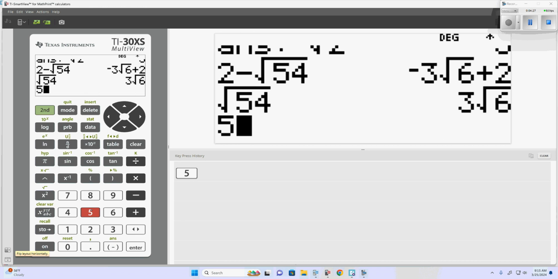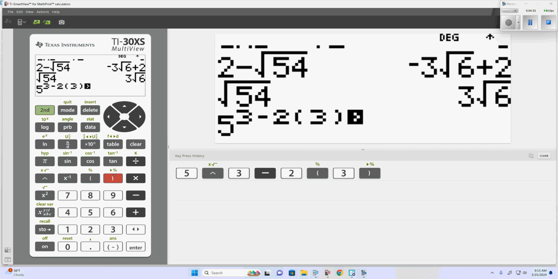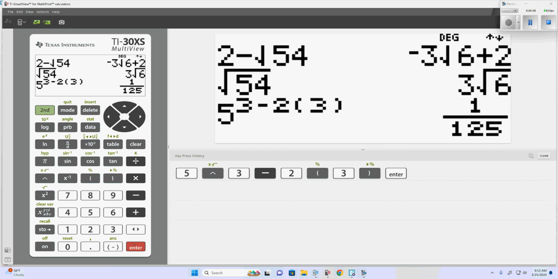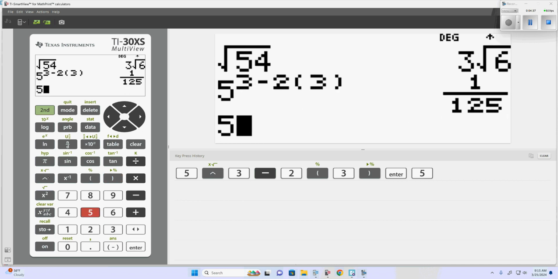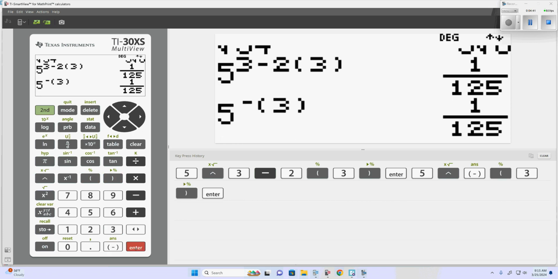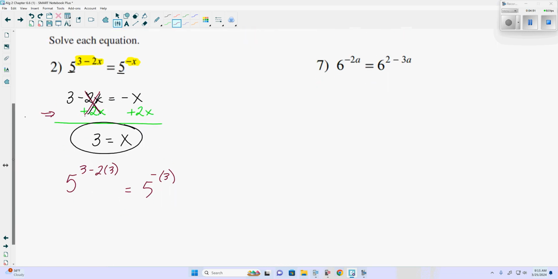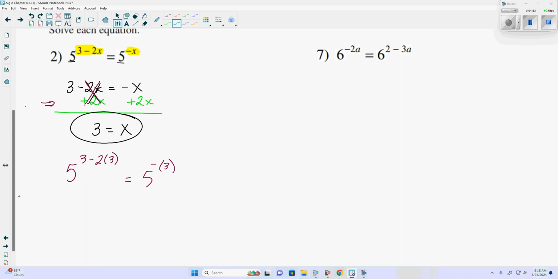So here we could say 5 to the 3 minus 2 times 3. And the other one is 5 to the negative 3. They do both give us the same value of 1 over 125. So x is indeed equal to 3. Questions on this here?